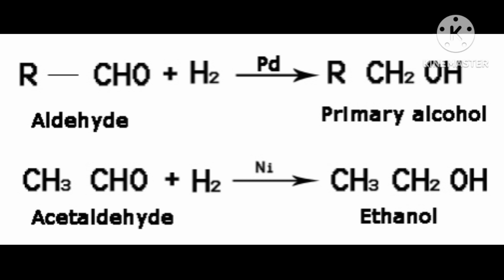When hydrogen breaks, one electron will be shared by each hydrogen. Then they go to carbon and oxygen and make the bonds.